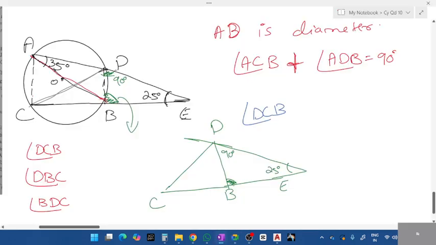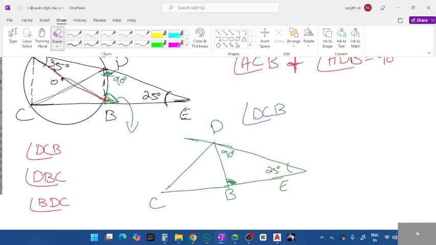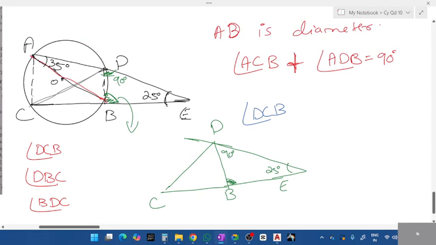What's the answer you got for angle B? In DBE, what is angle B value? Sixty-five degrees.